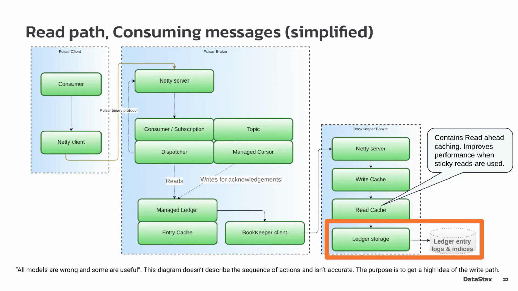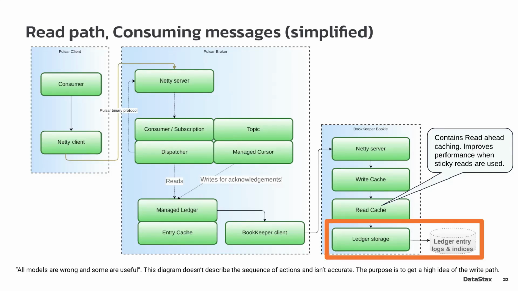And this would cause both of the bookies to have their read ahead caches contain the same entries. So with sticky reads, the same ledger would be using the same bookie if it's possible. And then there's a better efficiency of the read ahead cache.